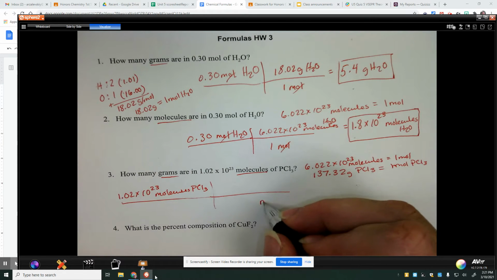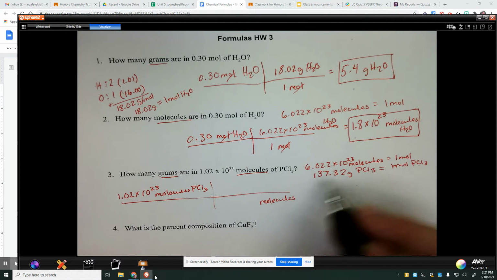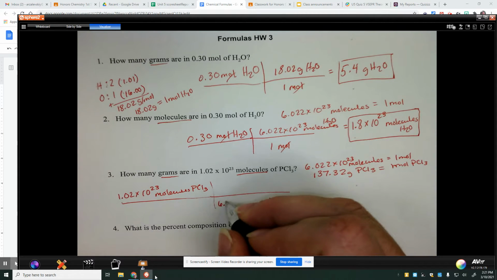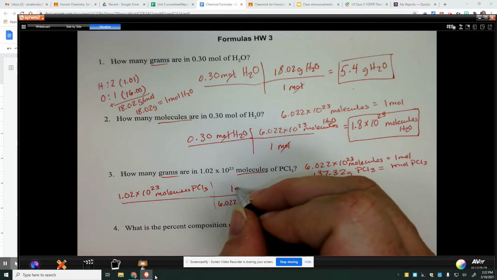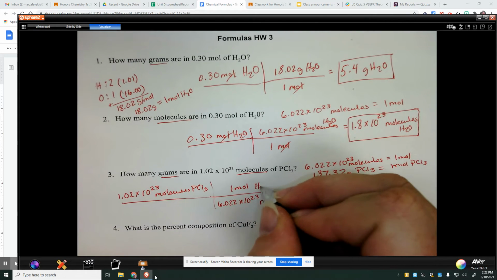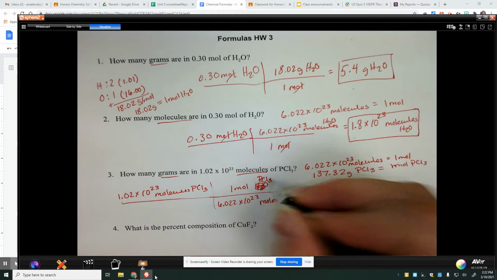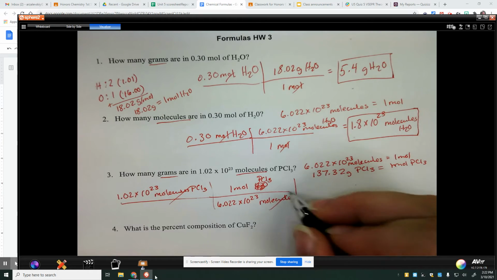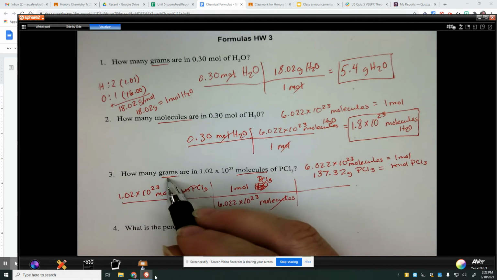Molecules are here, so molecules have to go here so that they will cancel out. That means I'm going to have to use Avogadro's number, so 6.022 times 10 to the 23rd molecules in 1 mole of water. Oh, nope, not water, PCl3. All right, molecules cancel out. And now we have moles of PCl3, but we don't want moles, we want grams.